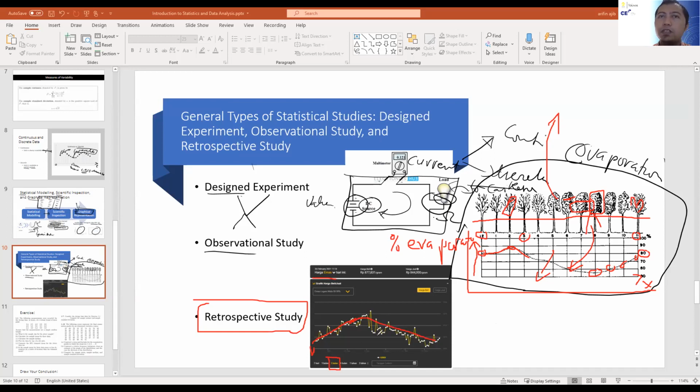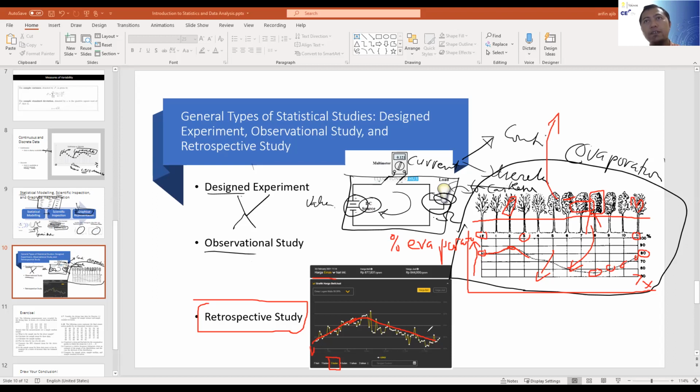What is the point of this? This is a kind of retrospective study. It means that we collect the data from the past. It's similar to an observational study, the similarity being that we cannot control the parameter.